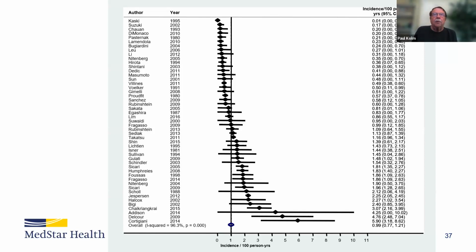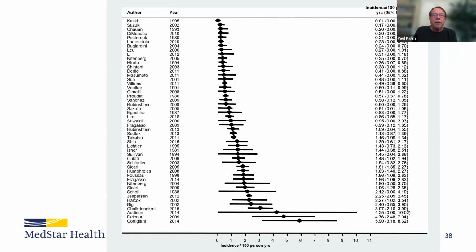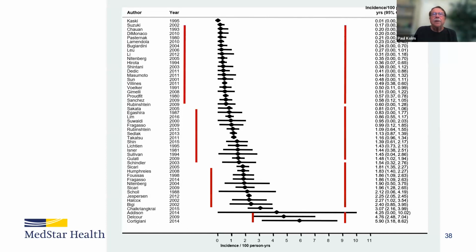So what I did then is I took the plot here and found groups of studies where the I-squared was less than 10%. And so if you do that, this is what I got.